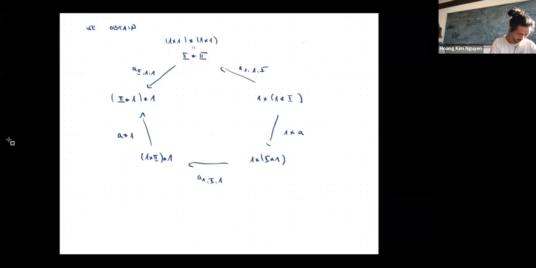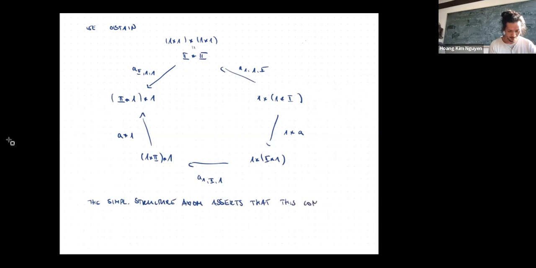So the simplicial structure axiom asserts that this commutes.